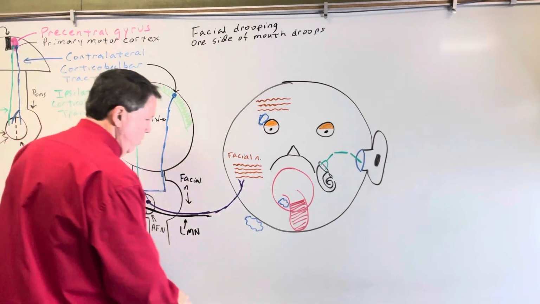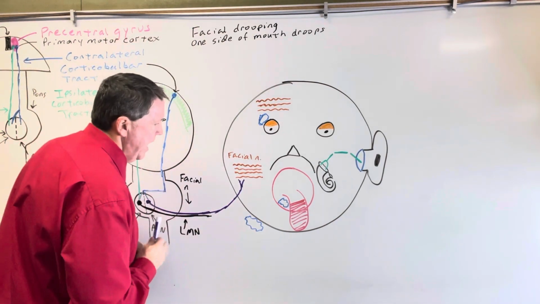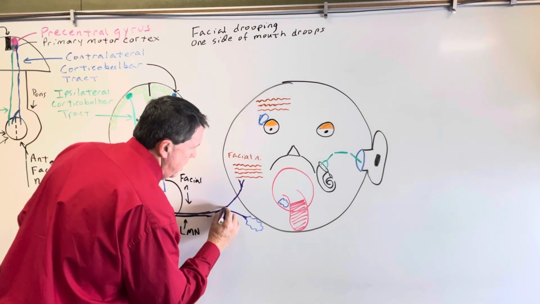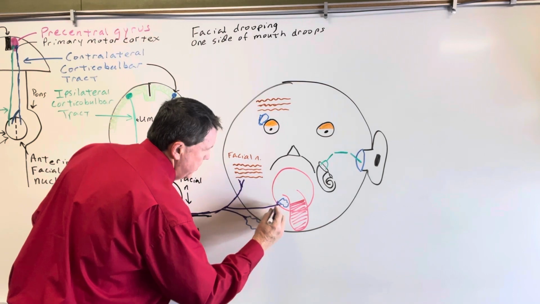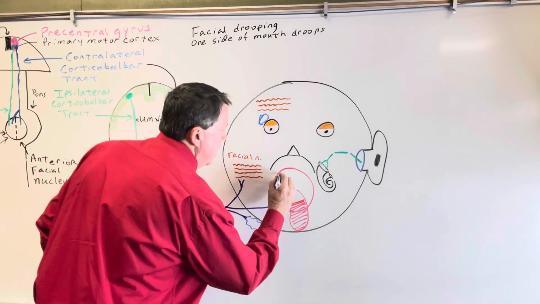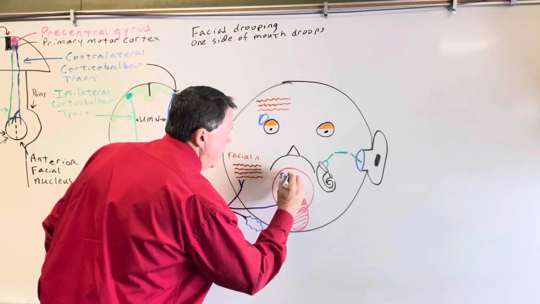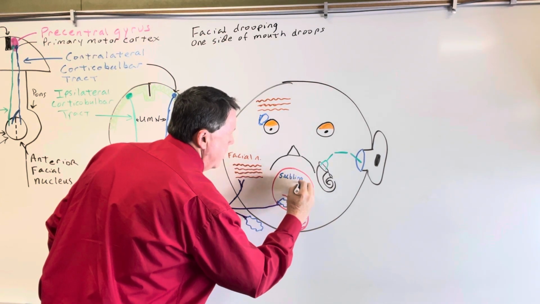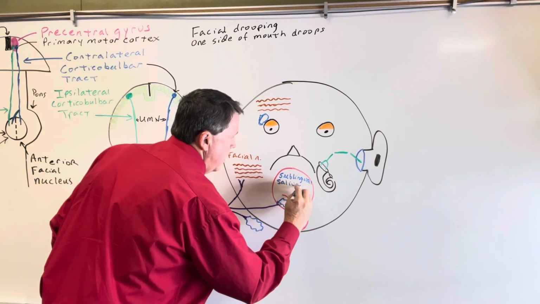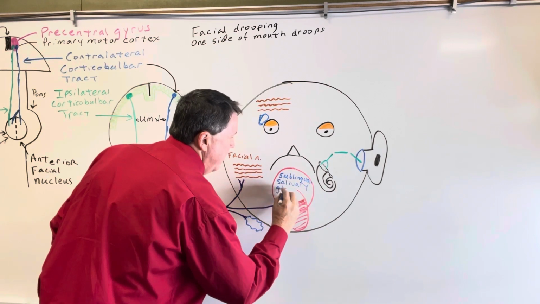Here's the next thing that's going to happen: you're going to have a branch that's going to come to here, and then you're going to have a branch that's coming out and going to here, to these glands, right? This is going to be my sublingual salivary gland. So it makes saliva, right?